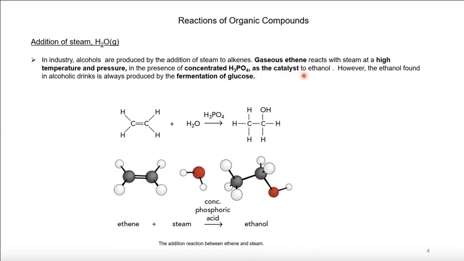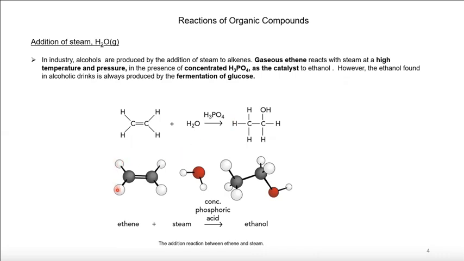But do remember that the ethanol found in drinks is not produced by this process. It's produced by fermentation of glucose. So here is a reaction of ethene with steam and phosphoric acid catalyst, and we get ethanol here.